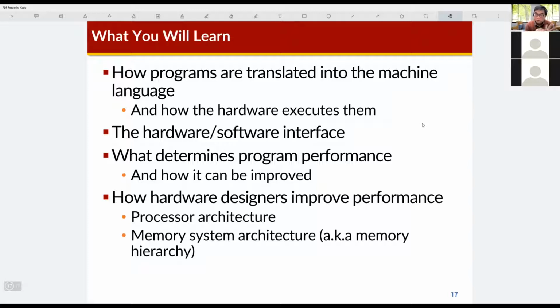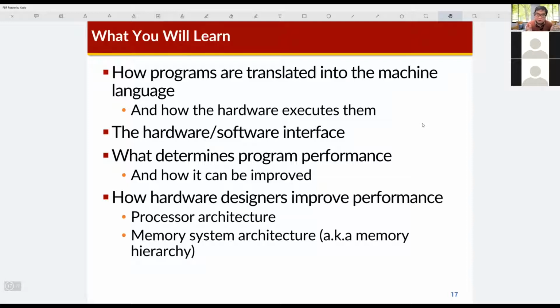Computer systems just understand digital numbers or digital code, such as binary code, 0 or 1. So our high-level languages should be translated into machine code. We will learn how this translation happens in the computer systems.